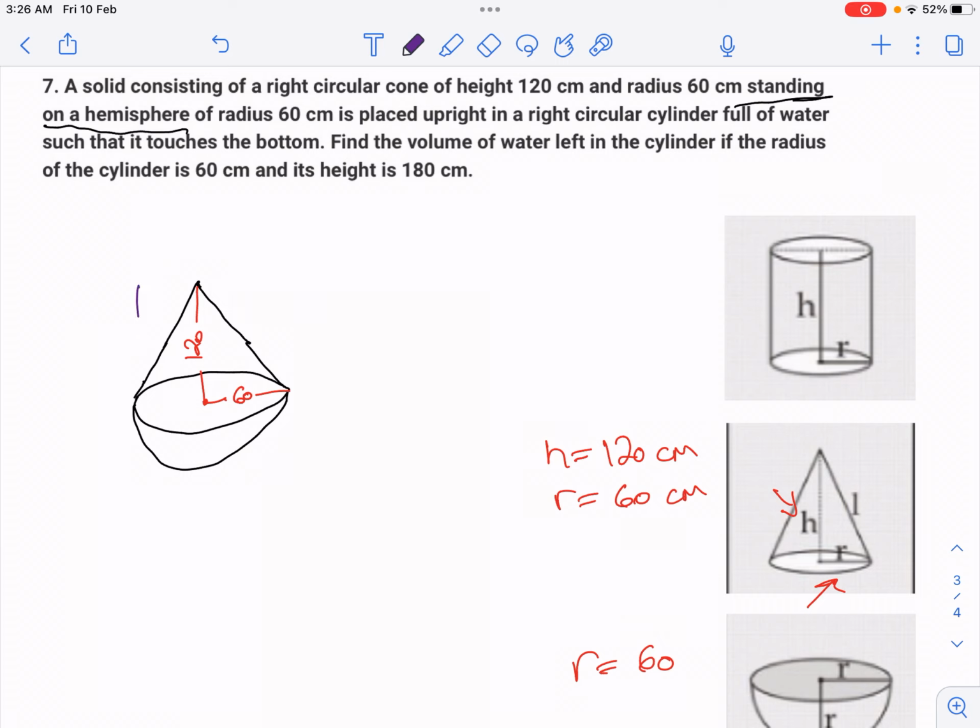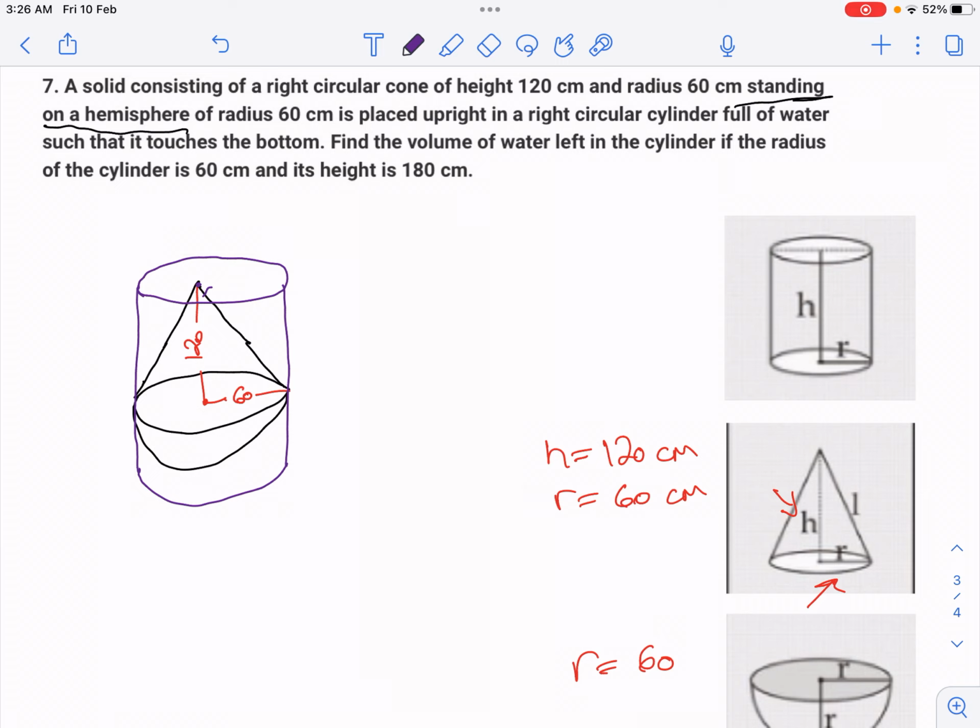Okay, here we have the cylinder. It's going to be like this. Sorry, this point is supposed to be in the middle of the cylinder. Excuse my drawing.